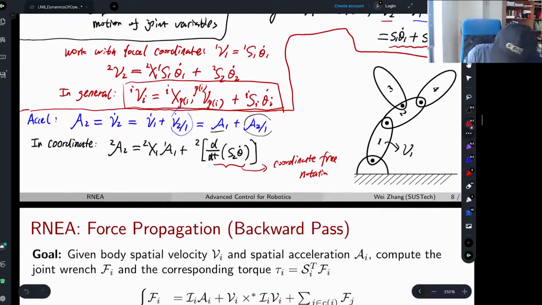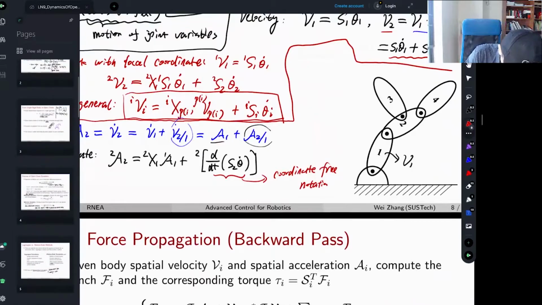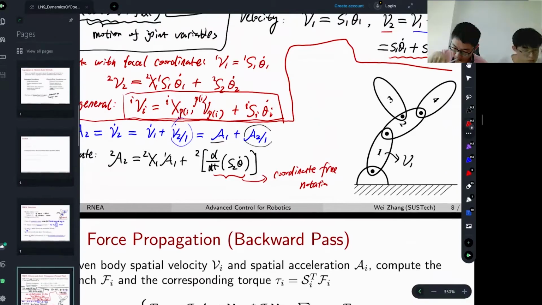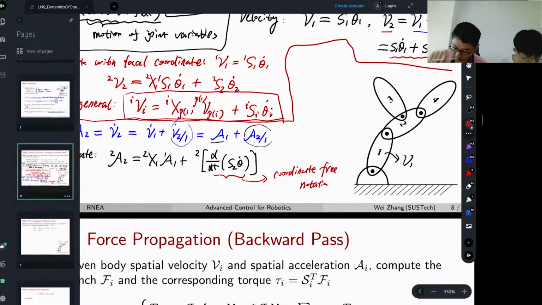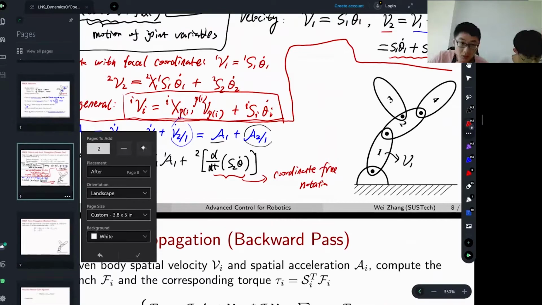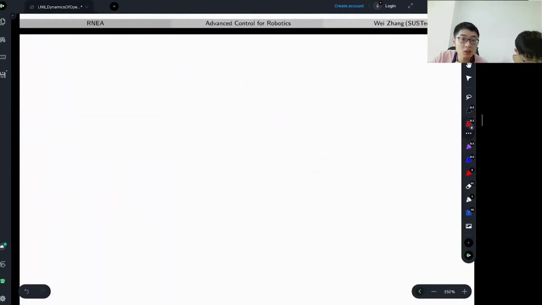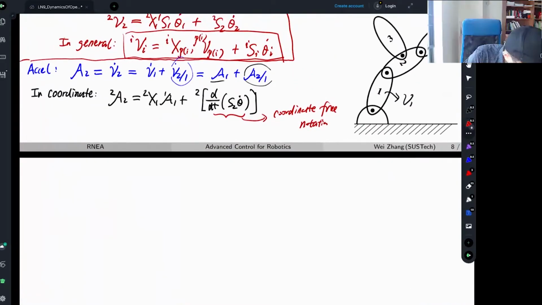So then I think I need more space. Hold on. Over here. Okay, then I need to find out what this one is.